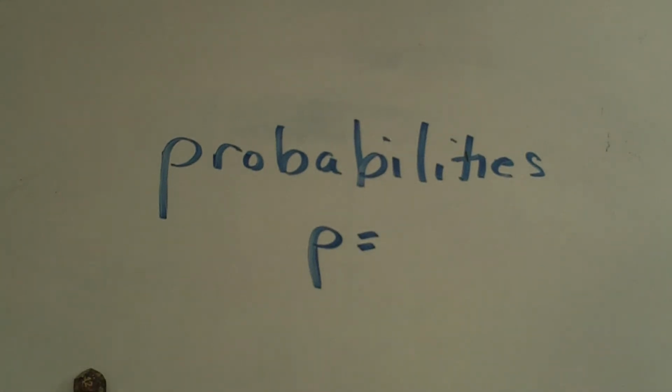Let's look at probabilities now associated with different things that can happen in a deck of cards. I have a standard deck of cards here, 52 cards in the deck.